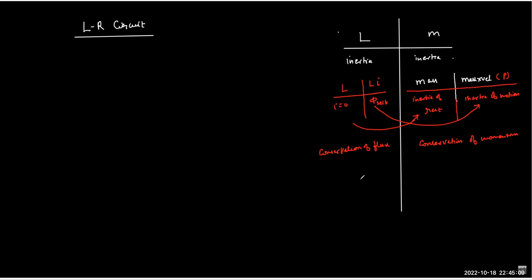So I'll just mention here: electric current is velocity equivalent, and velocity is defined as rate of change of displacement, right? So electric current by definition is dq by dt. So you can again correlate that the role of q is similar to the displacement, right? So q is equivalent of displacement.